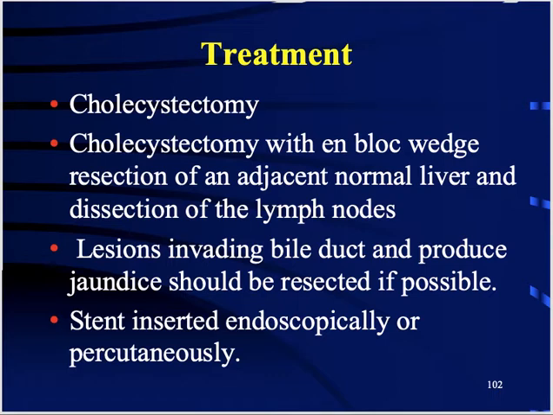So when the tumors are limited to the gallbladder, which are basically T1, cholecystectomy is the best thing, okay, and it has a good survival rate. But when the tumor is invading the liver, or extended beyond the gallbladder, of course then you have to resect the gallbladder, you have to resect the tumor which has involved the liver, and you have to remove the cystic duct.